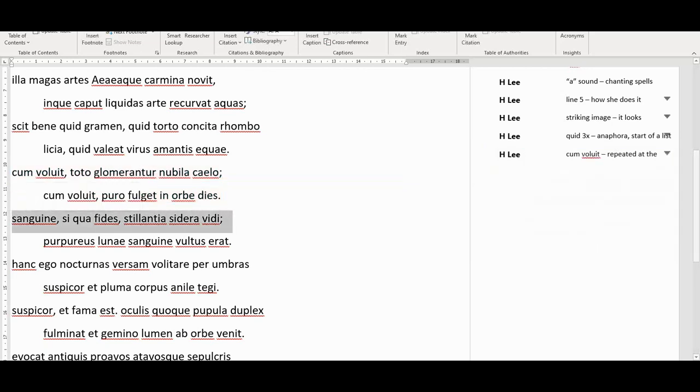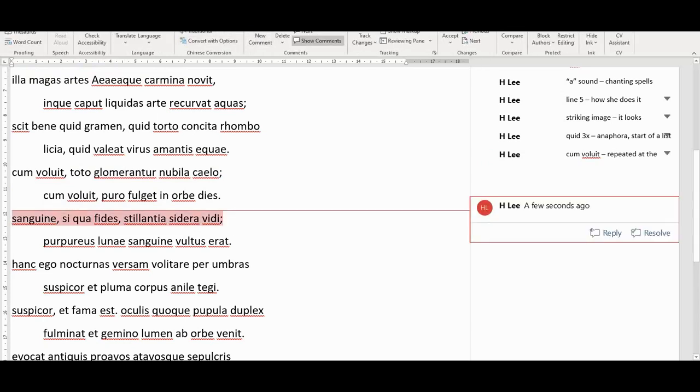Line 11. Well, first thing I've noticed is that if you hear the sound, sanguine siqua fide stillantia sidera vidi. This is an S sound. Now, why is there an S sound? I don't know. You could argue it whatever way. The S sound could be to do with the flowing of the blood. Ooh, strange thought.